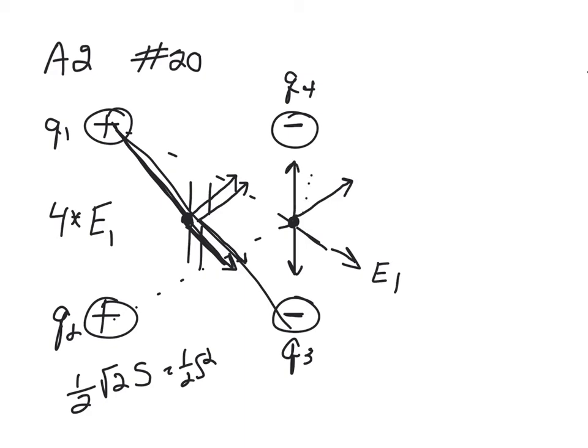And the y components of E2 and the y component of E1 are going to cancel. And so for this one, the total field is going to be 2 times the x component of either one of these. Let's say 2 times E1x.